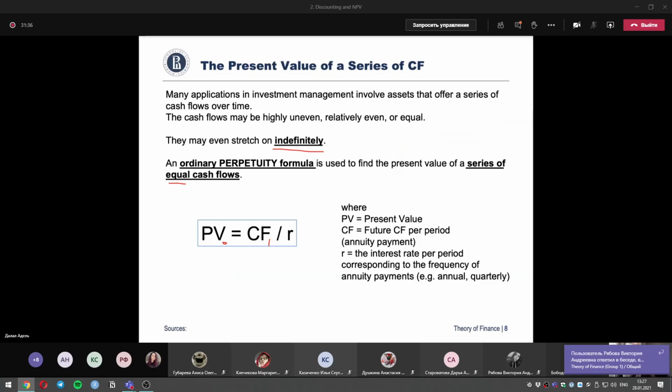Any assets that can provide us perpetual cash flows? Ilya, please. As far as I remember, after World War II, the UK issued war bonds, and they obliged themselves to pay money in perpetuity, but they redeemed it 6 years ago.